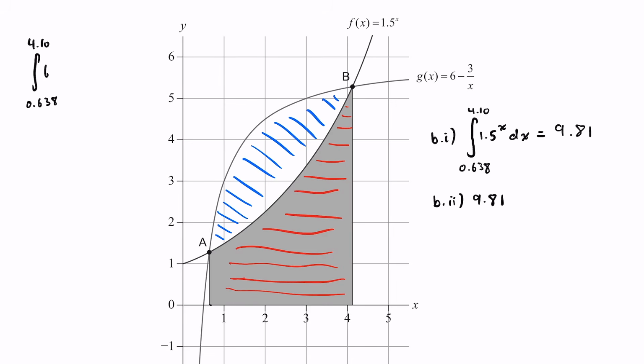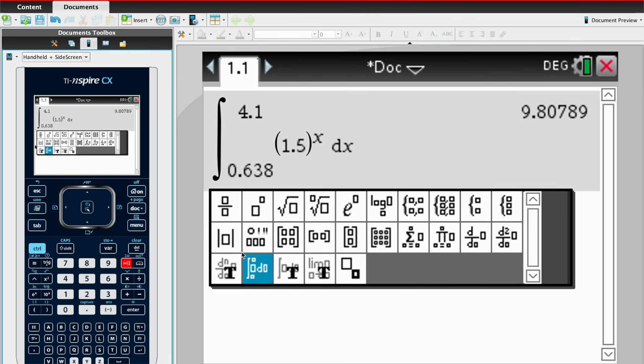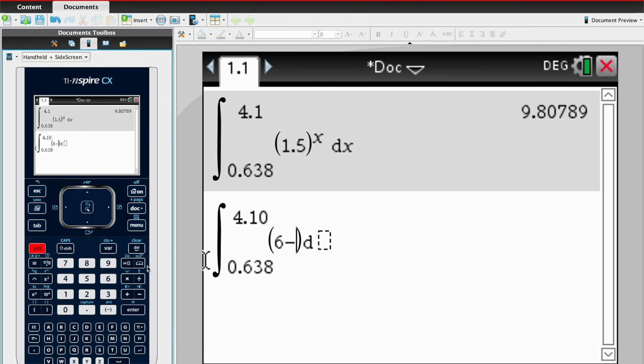In this case, our function is 6 minus 3 over x, and then again in terms of dx. So let's find out what that is. So here we are in the calculator. Here's our definite integral. Once again, we have the same lower bound and the same upper bound, but in this case our function is different.